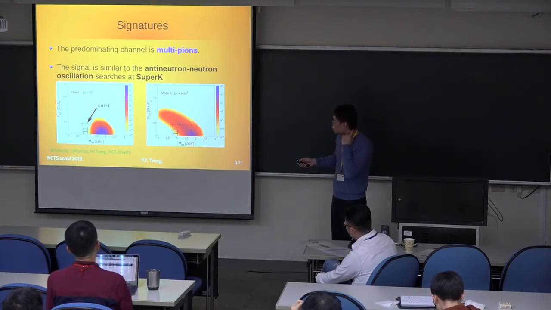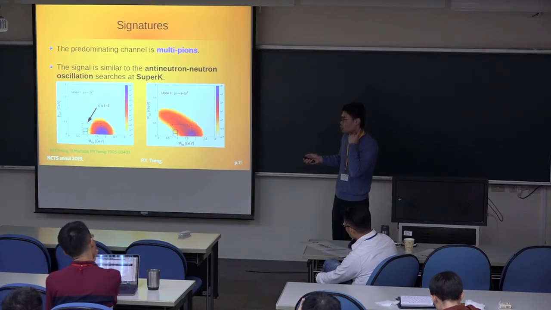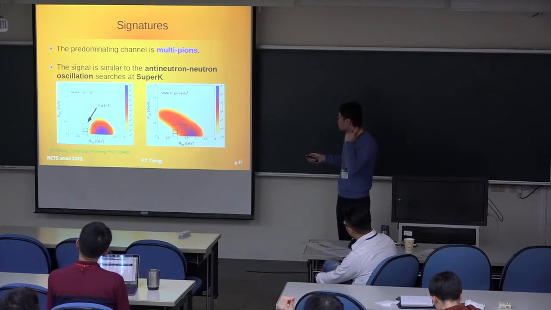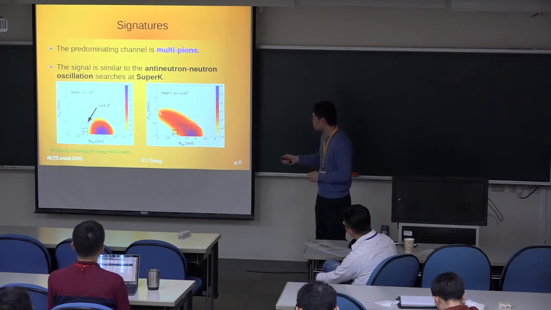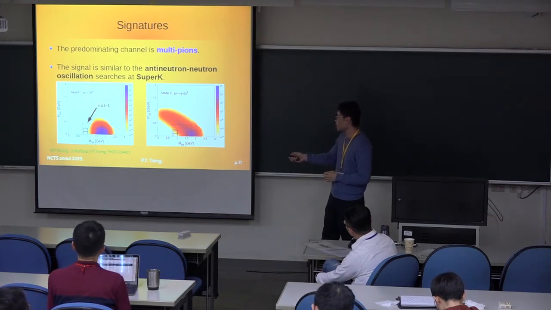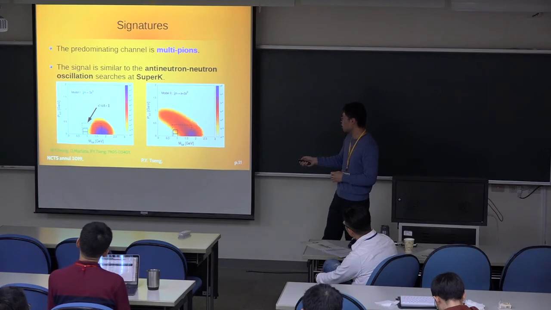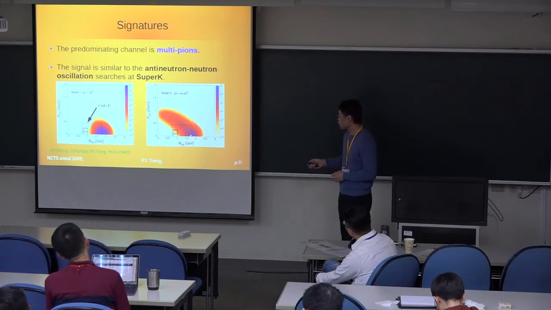This is for model 1, annihilated into 3 neutral pions. And this is for model 2, with 3 neutral pions associated with some missing energy. So the distribution is slightly skewed to the lower invariant mass region, but still overlaps with the signal region.